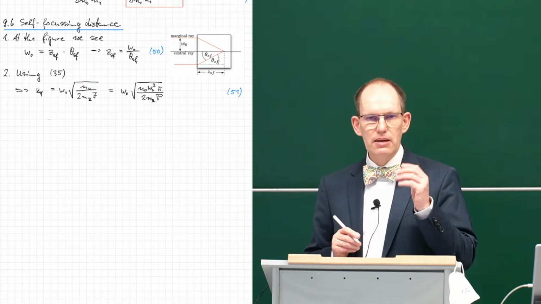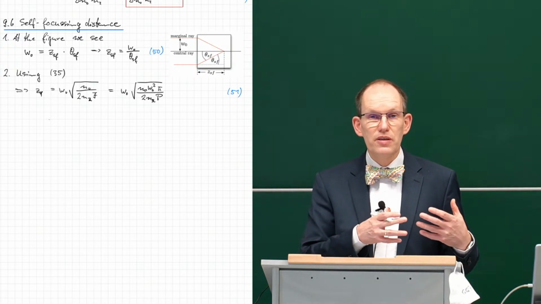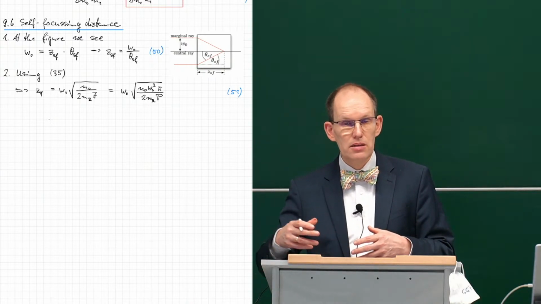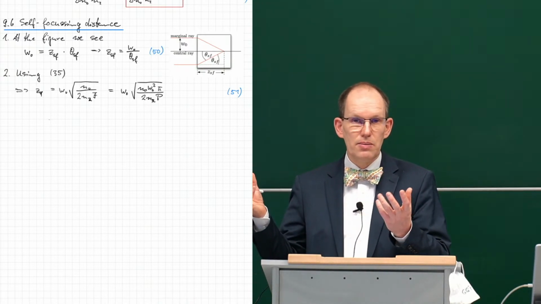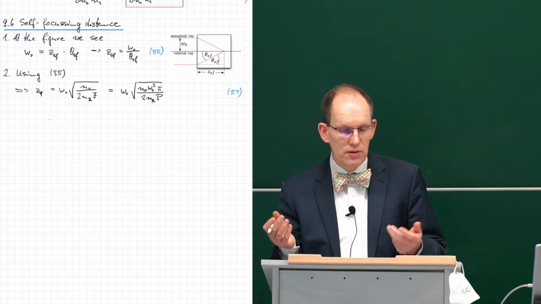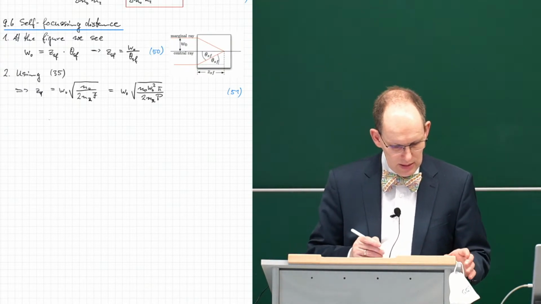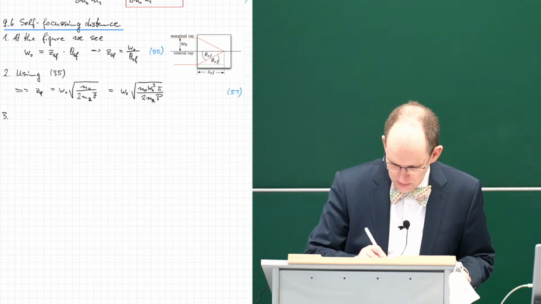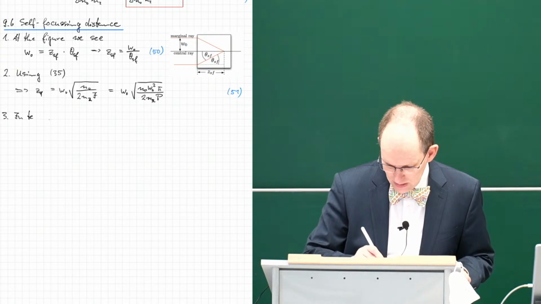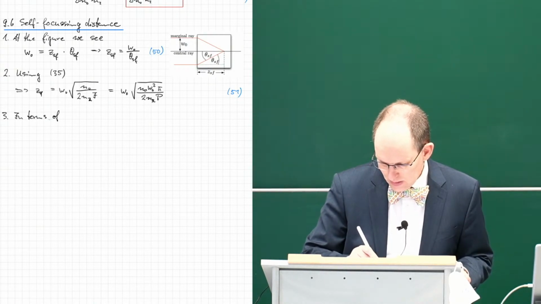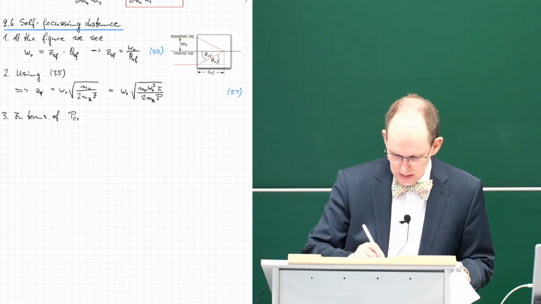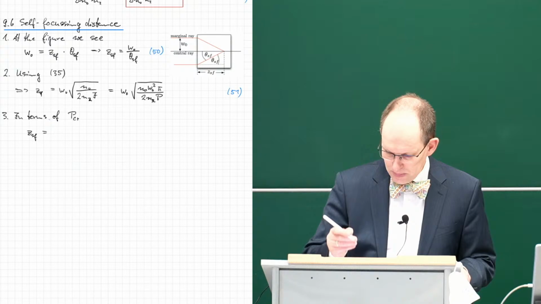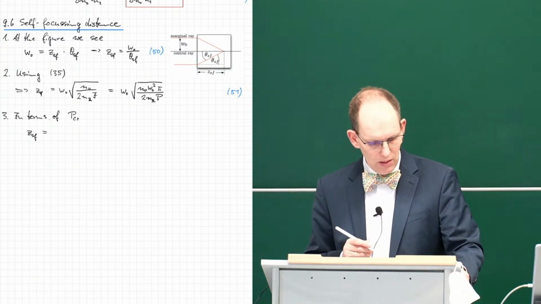And now we can also express this in terms of the critical power, so that we say, well, when the power is, say, twice the critical power, then the self-focusing distance is this and that. So in terms of the critical power, we just expand by the critical power.